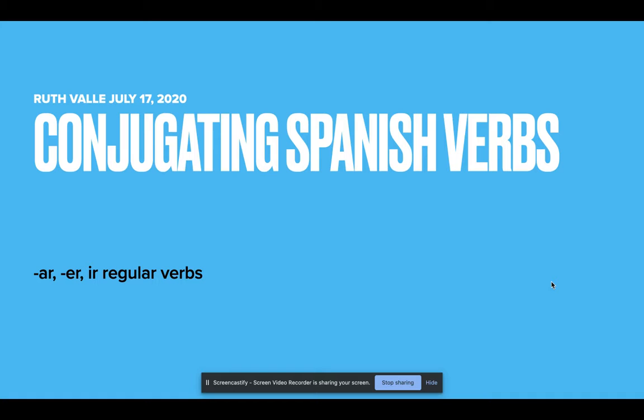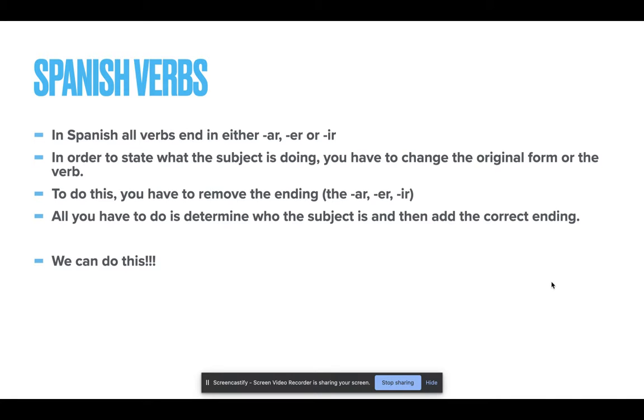So in Spanish, all verbs end in either AR, ER, or IR. In order to state what the subject is doing, like who's doing what, you have to change the original form of the verb. So you can't just look up a verb in the dictionary and then leave it like that. No, you have to put it in the correct form.